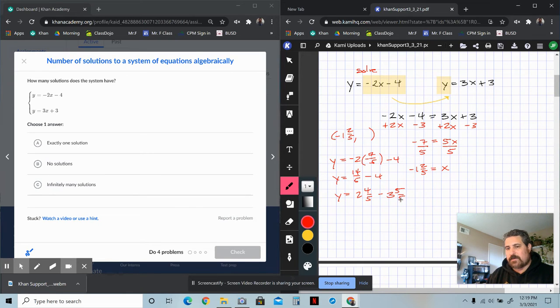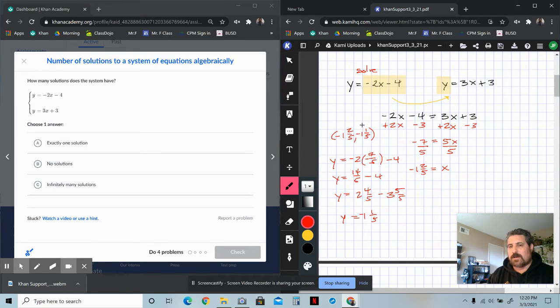So 5/5 take away 4/5 is 1/5, and 3 take away 2 is 1. So we get y is equal to negative 1 1/5, because negative 3 5/5 is bigger than positive 2 4/5. So you get the ordered pair x equals negative 1 2/5 and y equals negative 1 1/5.